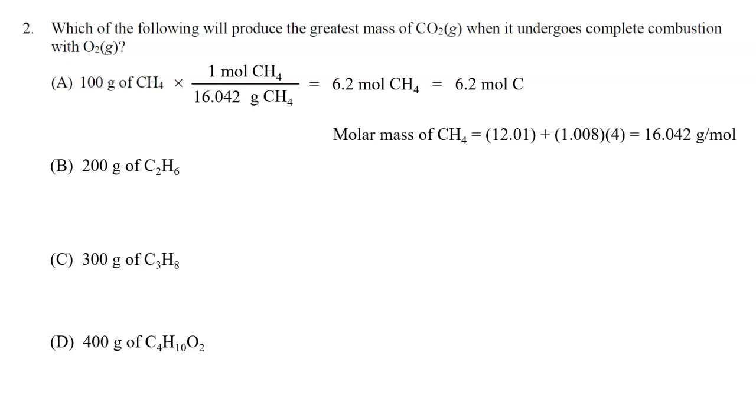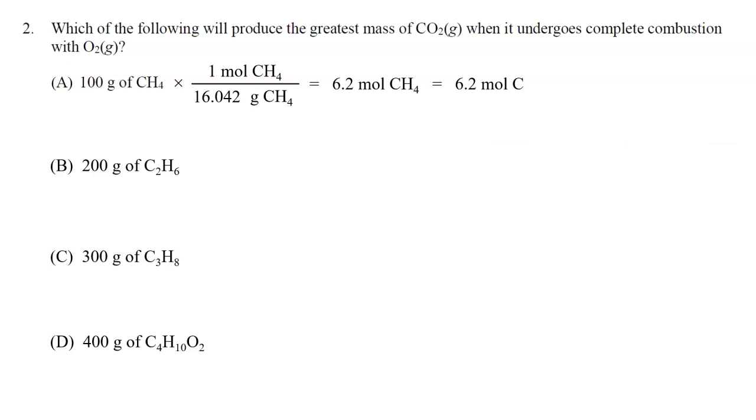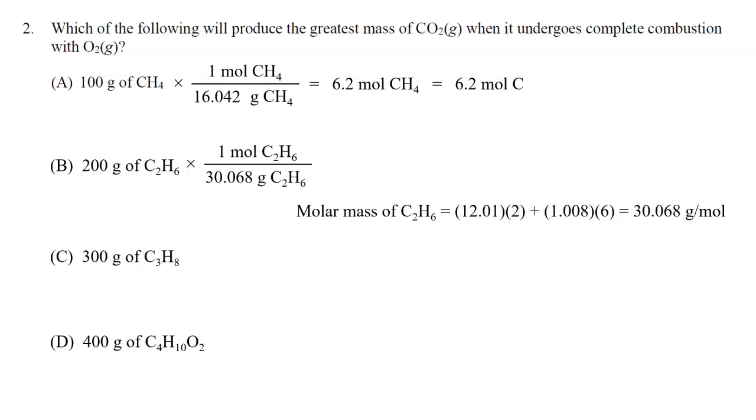Now let's move on to choice B. We have 200 grams of C2H6. Using the information on the periodic table, the molar mass of C2H6 is 30.068 grams per mole. Now, after I convert from grams to moles, I have to recognize something important about the chemical formula, C2H6.